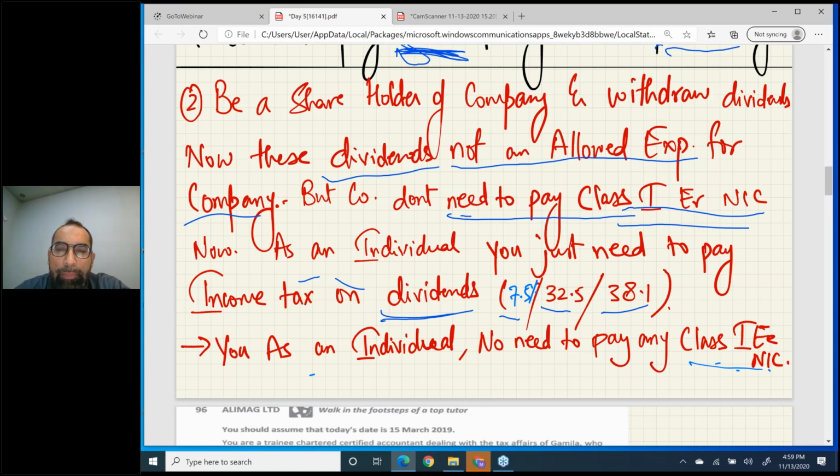Now one more thing. When you get dividend income, there is a nil rate band of 2000. I hope you remember, dividend NRB is 2000. You as an individual no need to pay any class 1 employee NIC. Read it, again giving you 1 minute to read.